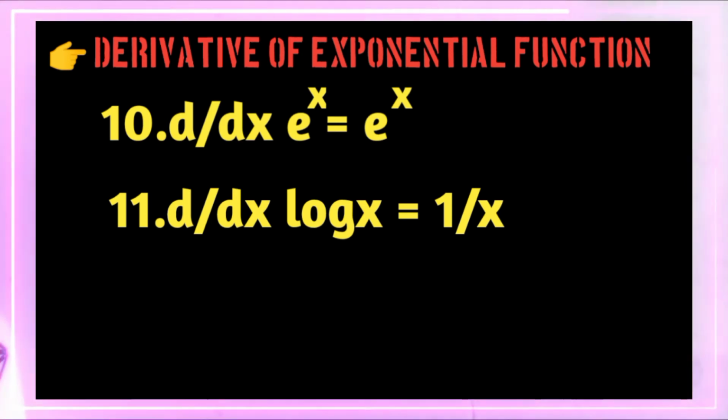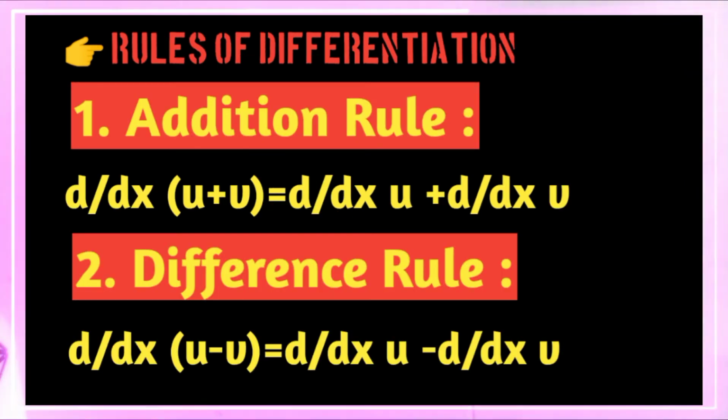Now next, the rules of differentiation. What are the rules of differentiation? So number one, addition rule. Suppose we are given y equals u plus v, that is addition of two or more functions. So in this case, we differentiate y equals u plus v.